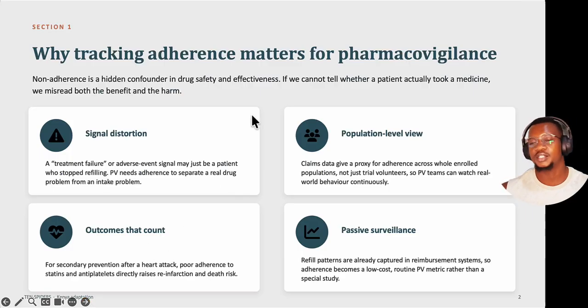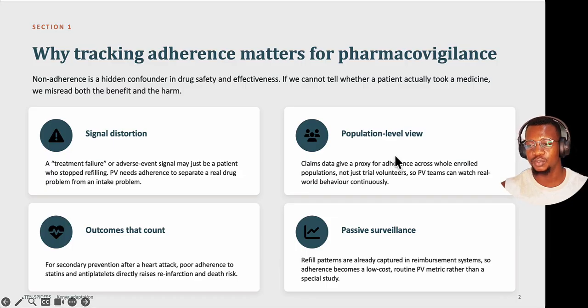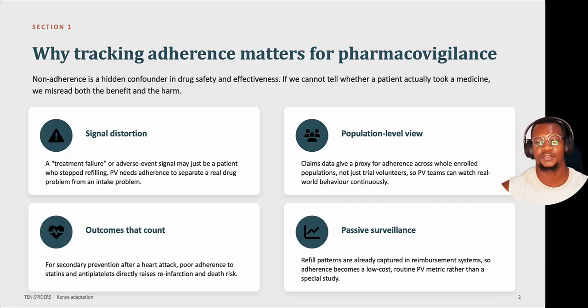So why does tracking adherence matter? For example, PV. Looking at these 4 points, we are looking at signal distortion, we're looking at population level view. But one of the most difficult things is to determine medication adherence of our whole population. Now we are going to look at the way the authors used claims data to give a proxy for adherence across the Australian population, for that matter.